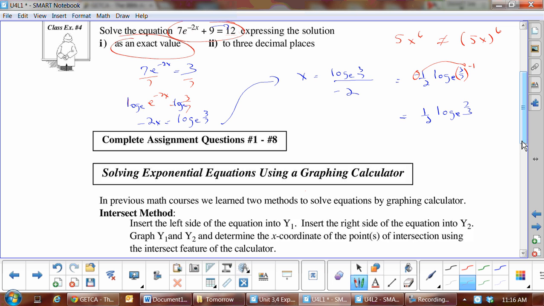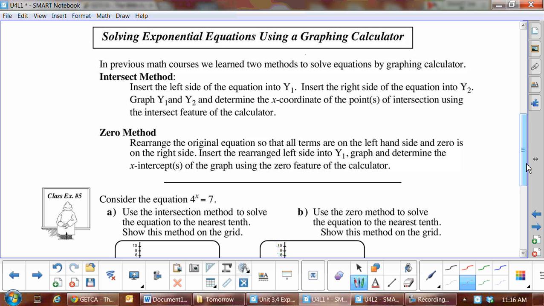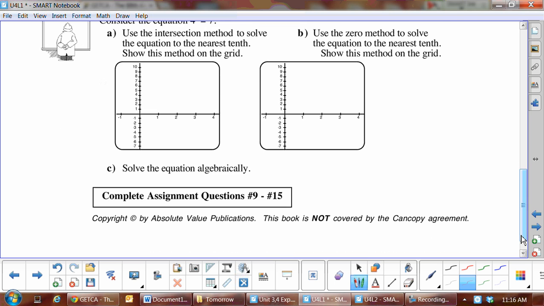Now, the next thing is, did you guys know that you can solve these by using y1, y2 in your calculator? Okay, that's what this next part is about. We've done that to death, okay? So I'm not going to give you notes on how to do y1, y2. We have done it many times.